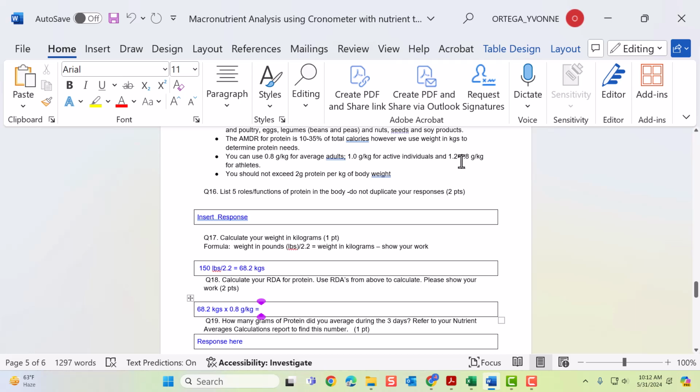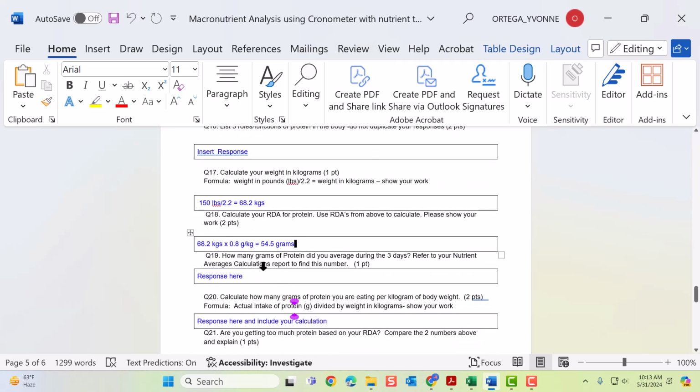If I'm an athlete, you can use the range for endurance and power athletes, 1.2 to 1.8. It's up to you which one you use. So let's say I am just a sedentary light activity person. I would take my weight in kilos and multiply it by 0.8. That equals 54.5 grams of protein. That's how much I need every day.